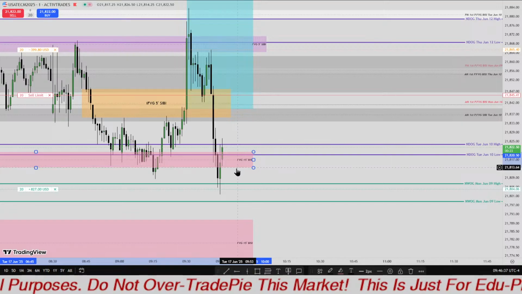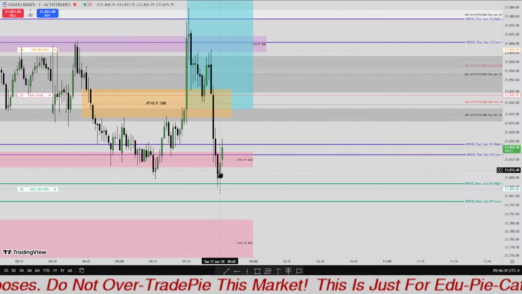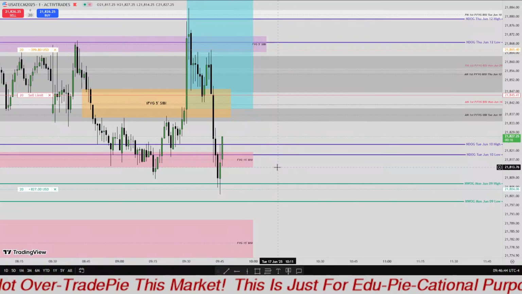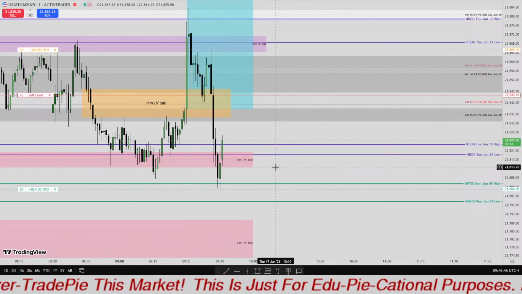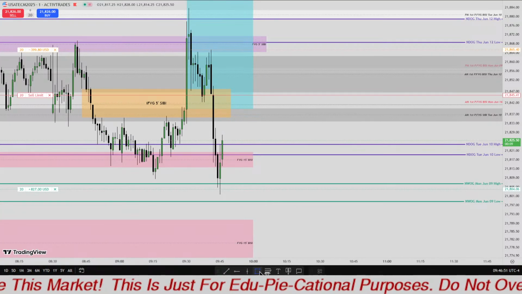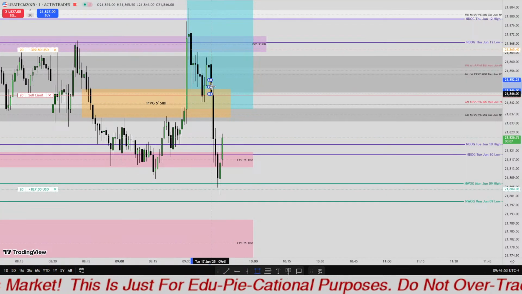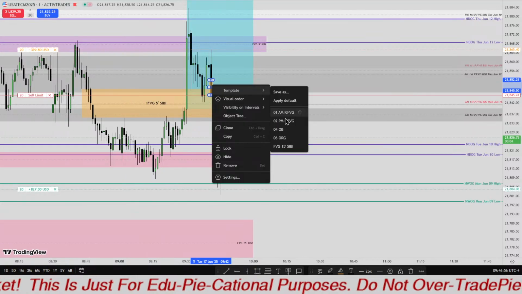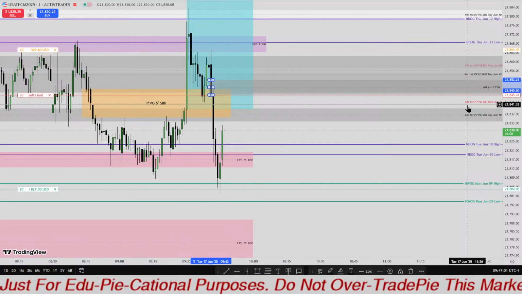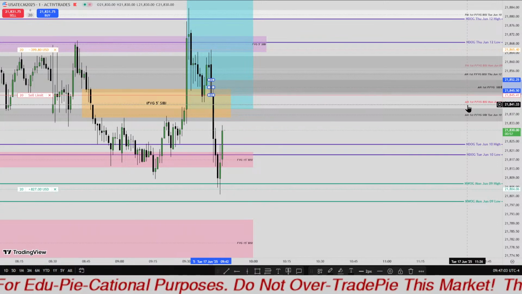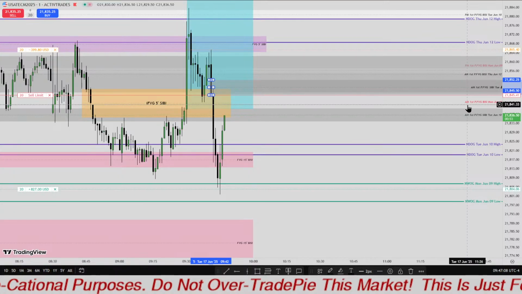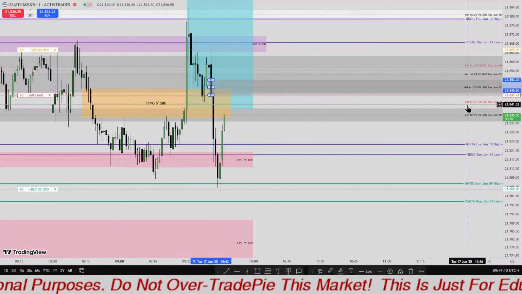Look at the bodies, how they closed over here, and look at the move right now in the market that is going higher to reach this first presented fair value gap. And today is Tuesday, June 17.